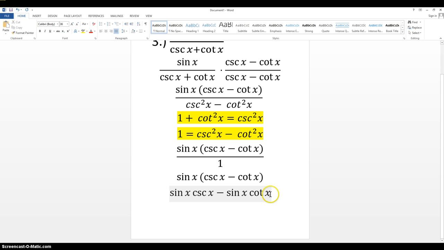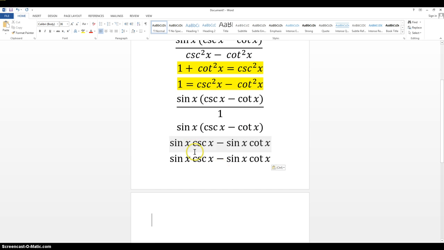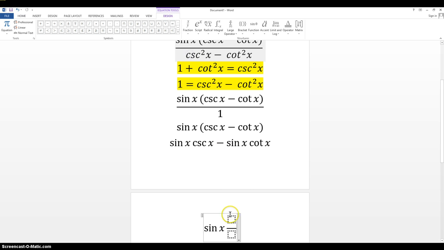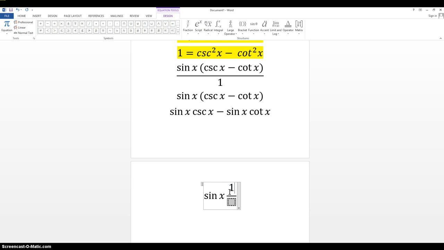My last and final step is to rewrite the cosecant and the cotangent part into their appropriate terms. If I do that, I get cosecant of x to be equal to what? 1 over sine of x, minus sine of x times, and how can I express cotangent?